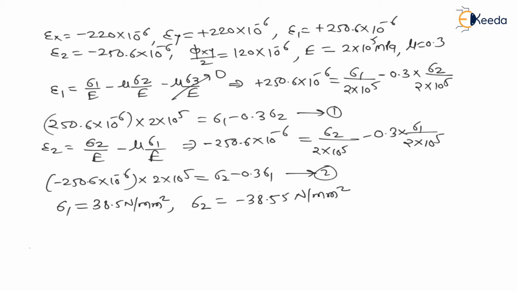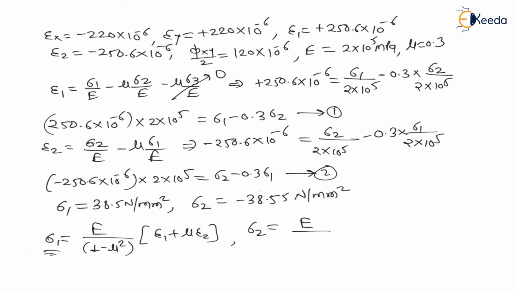In the theories of failure topic, we will derive one more formula. If I simplify equation 1 and equation 2, I get the sigma 1 formula directly as Young's modulus divided by 1 minus mu square into E1 plus mu E2. Similarly, sigma 2 is E divided by 1 minus mu square into E2 plus mu E1.